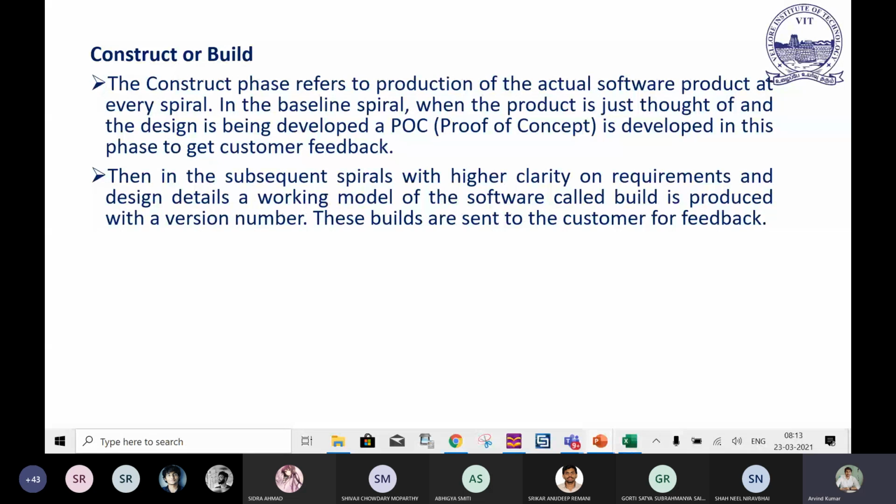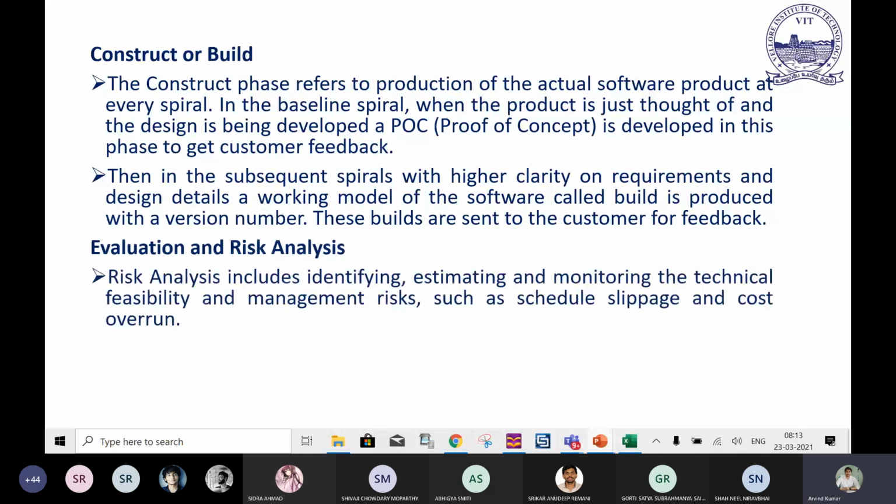And finally, it's evaluation and risk analysis. Risk analysis includes identifying, estimating, and monitoring the technical feasibility and the management risks such as schedule slippage and cost overrun. So such things can be compensated over here. After the testing build, at the end of the first iteration, the customer evaluates the software and provides feedback. Satisfied, fine, you can deliver it.